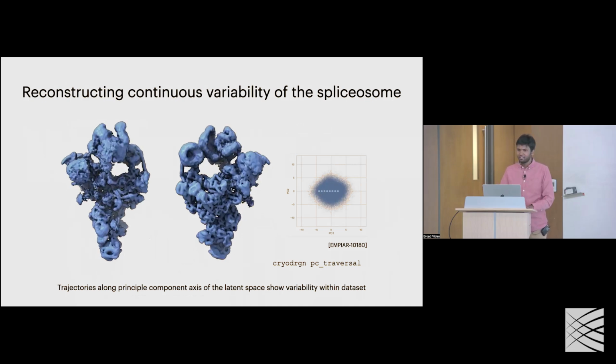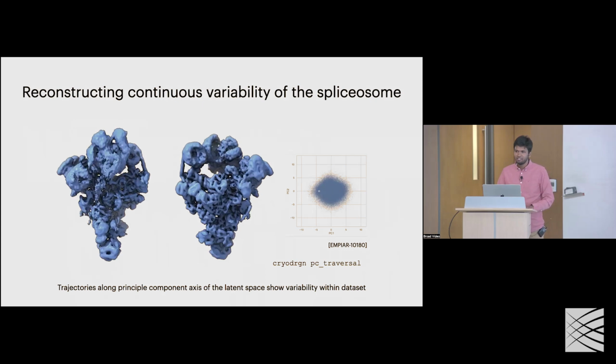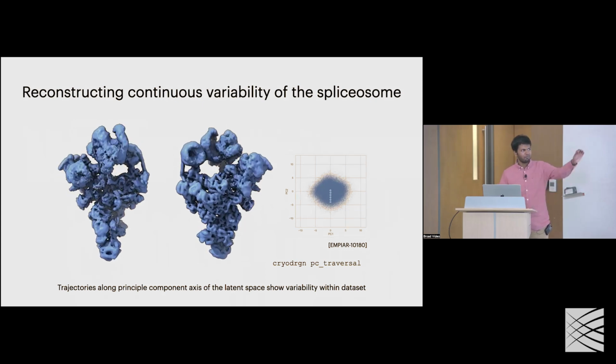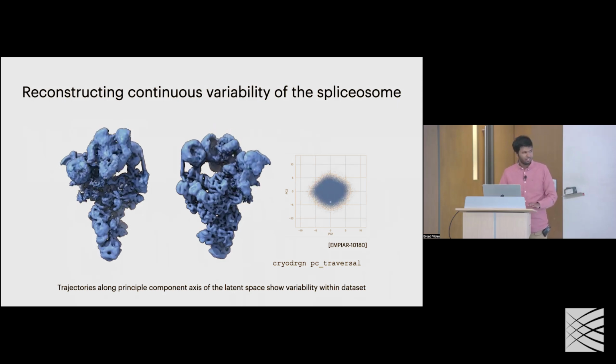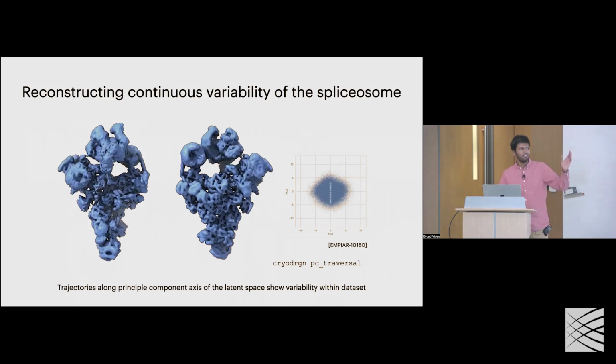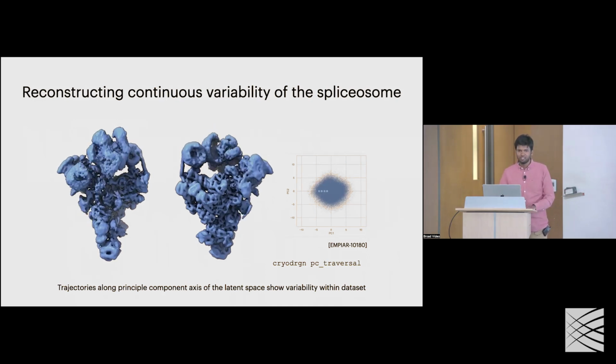This is showing that, again, in a single shot without any strong priors on what domains are moving, you can train one of these models, and sampling these continuous trajectories, in this case the principal component of the latent space, allows us to visualize these more continuous dynamics.